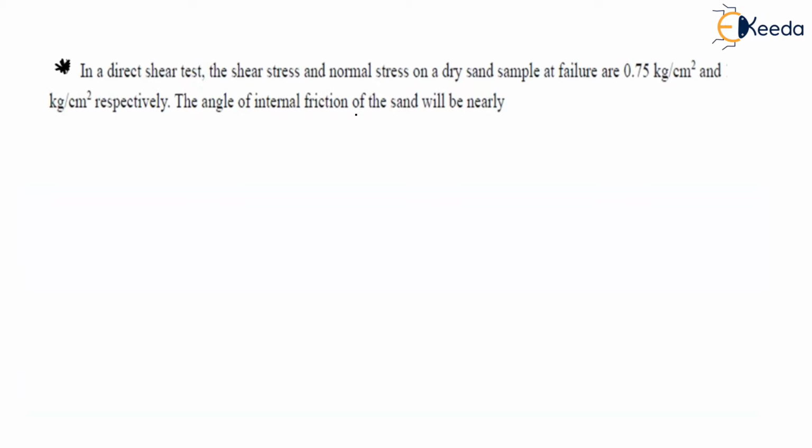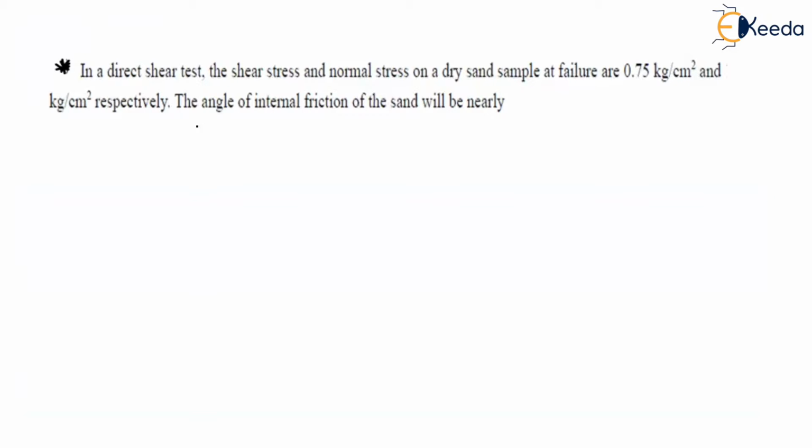Depending upon the test and the type of soil, some parameters, either the cohesion or the angle of friction, may go to zero. So you have to identify this corresponding to the test that is going to be conducted on the soil. In that case, we can go with the exact solution.